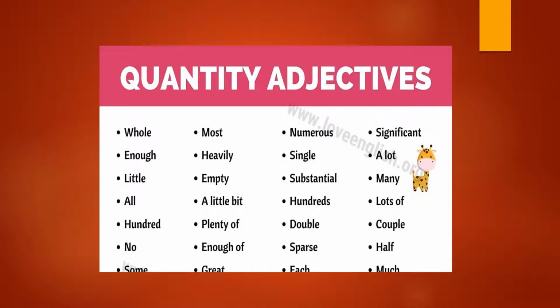They tell us how much of a thing is meant. Adjectives of quantity answer the question how much. Adjectives which tell us how much of a thing is meant are called adjectives of quantity.